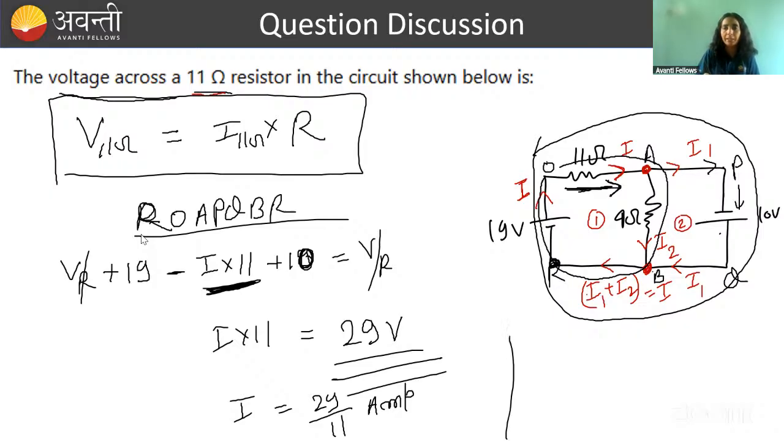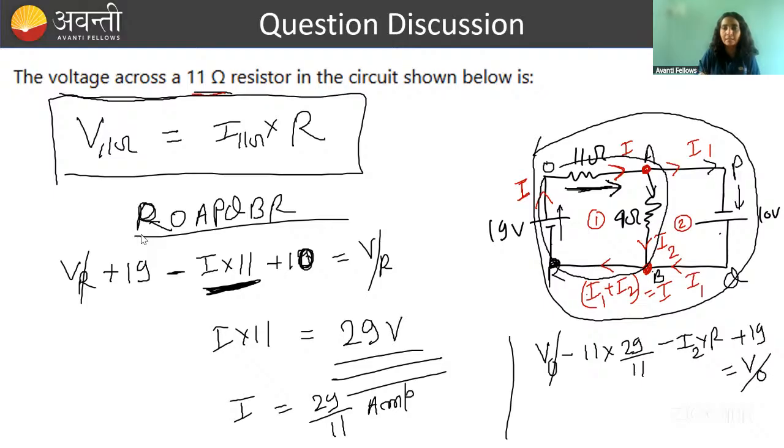For example, if I write here, starting from O and reaching R, so VO minus 11 into I, that is 29 by 11. Then going this way, in the direction of current, minus I2 into 4. Again you are reaching the R position. Again you will travel across the battery from negative to positive. So this is plus 19 equal to VO.